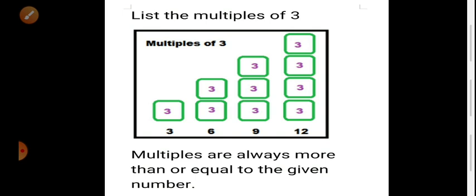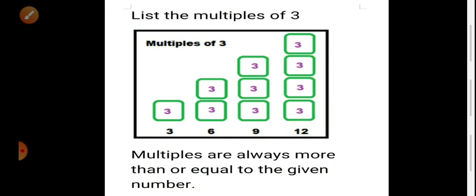Now list the multiples of 3. We are going to write some multiples of 3. When we multiply 3 into 1, we will get 3. 2 times 3 results 6. 3 times 3 will result 9. 4 times 3 results 12.